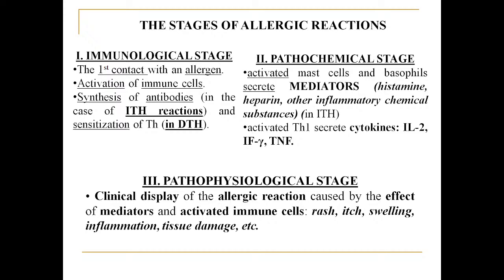For example, it is so in immediate type of hypersensitivity, ITH. In delayed type of hypersensitivity, DTH, antibodies don't take part, so there we can observe sensitization of T helpers. So the immunological stage develops after the first contact, causing activation of immune cells, production of antibodies, and sensitization of immune cells.